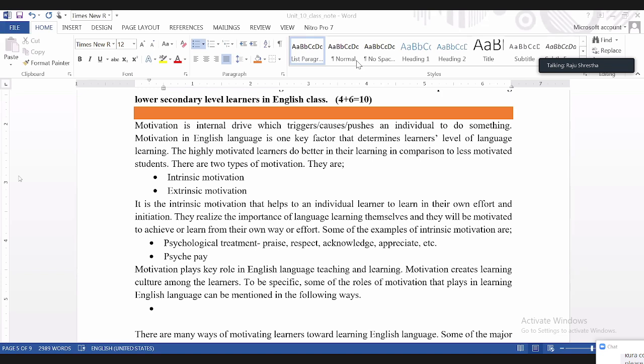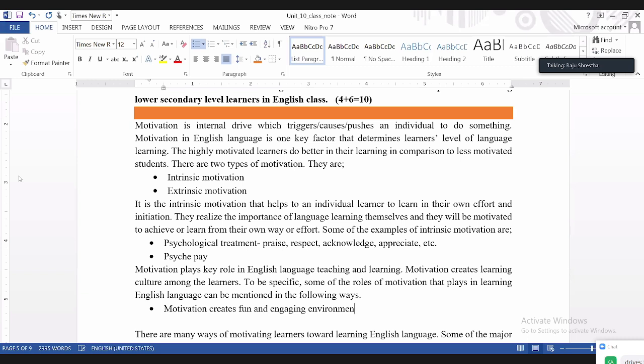Fun and engagement. Okay. Motivation creates a fun and engaging environment.